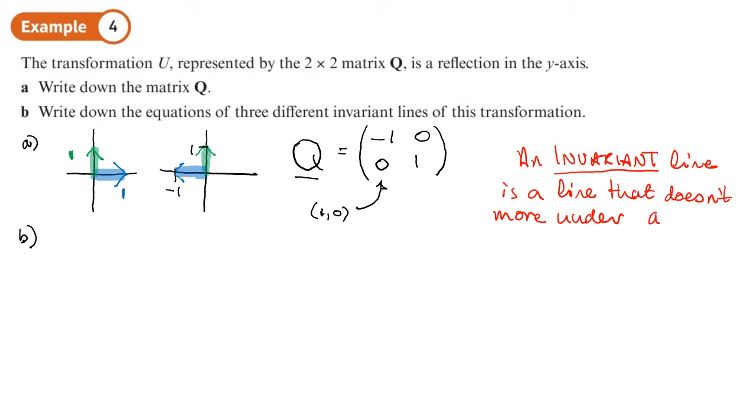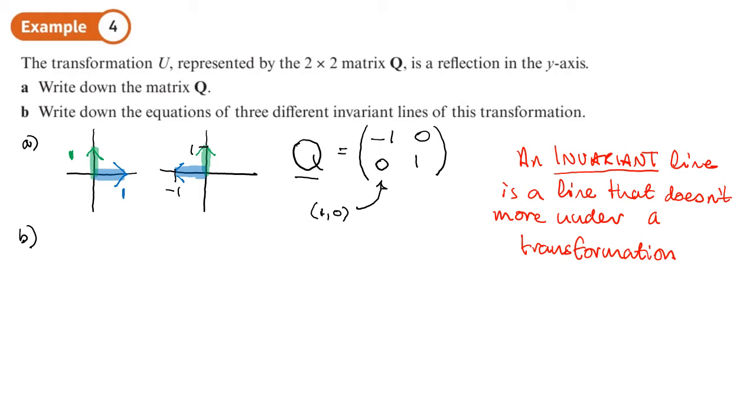Now, for any linear transformation, the origin is always invariant. That will never move. But we want 3 lines that don't move if you reflect them in the y-axis.